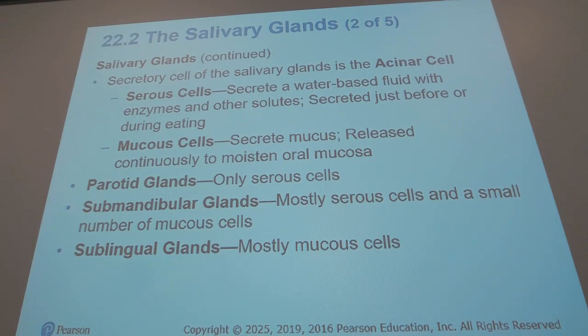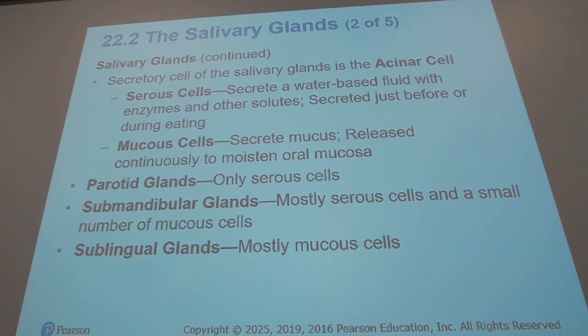The mucus cells have proteins that make this saliva thicker, and they secrete mucus to continuously moisten the oral mucosa. Actually, most of these minor salivary glands have these mucus cells. Depending on how many of these cells and which type the salivary glands have, that is the type of saliva that you will have.